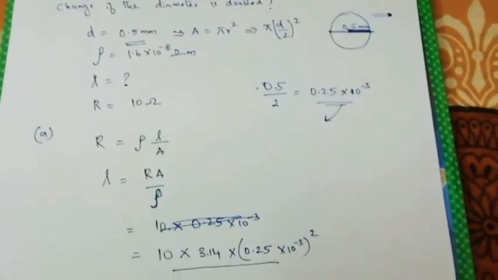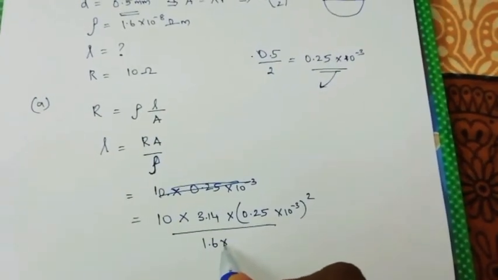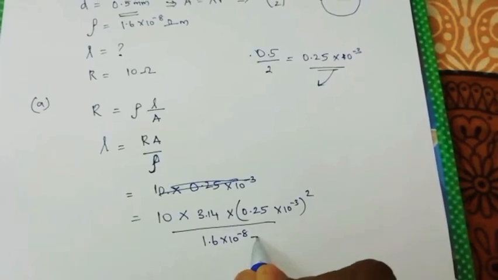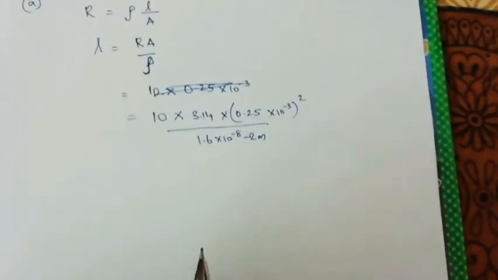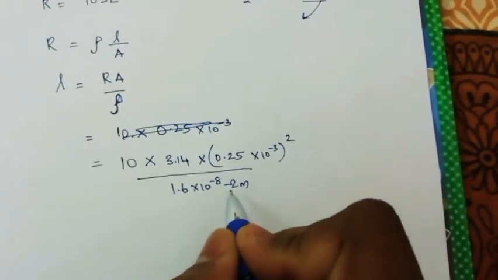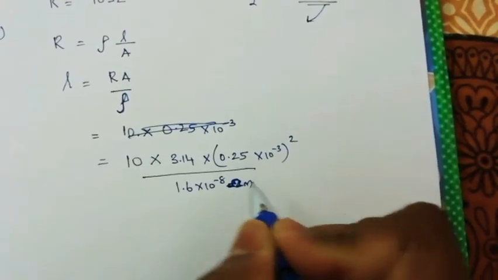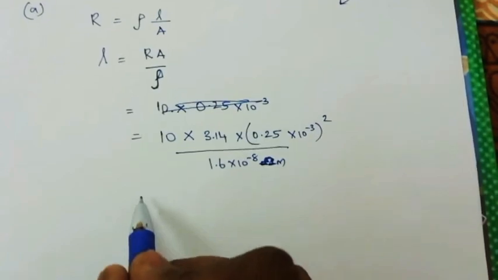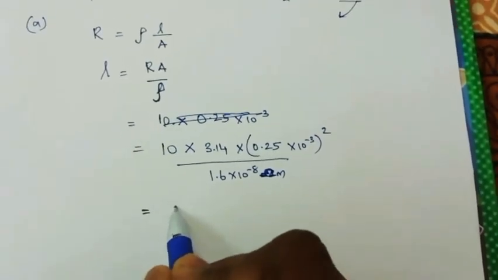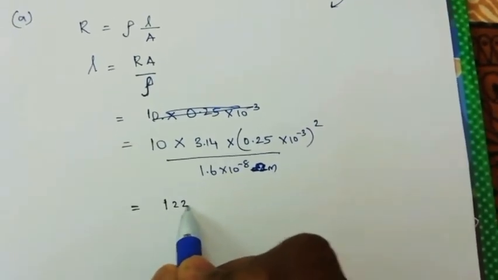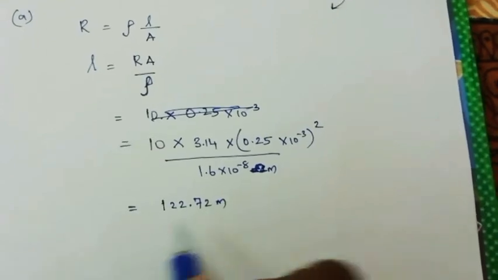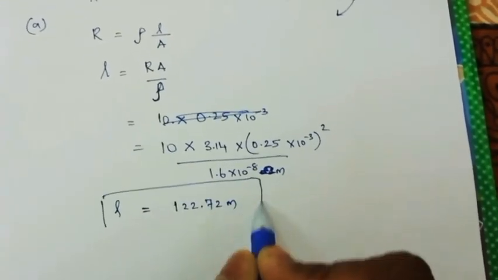Rho is given in your question, it's 1.6 into 10 to the power of minus 8 ohm meter. And then if you calculate this, we'll get the answer as 122.72 meter. So we have found the length.